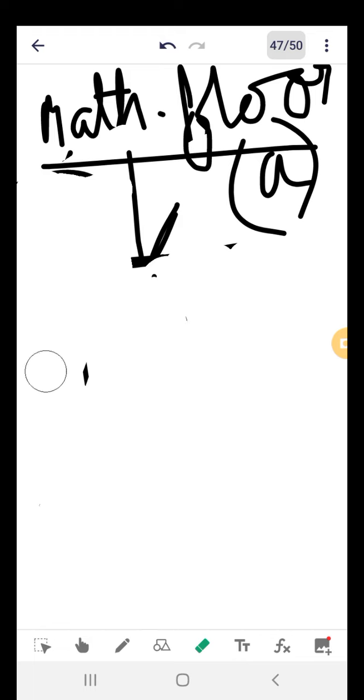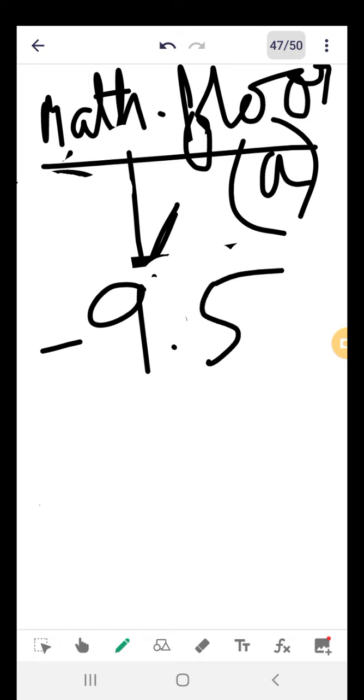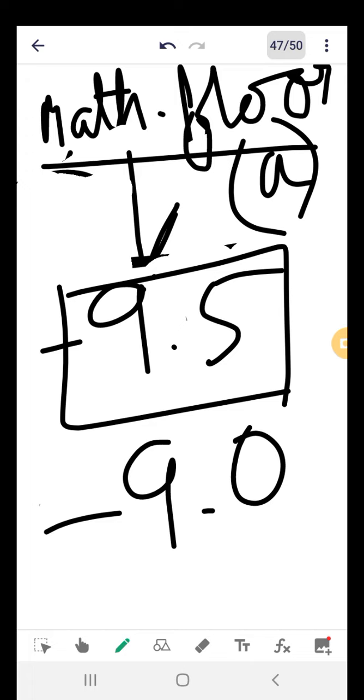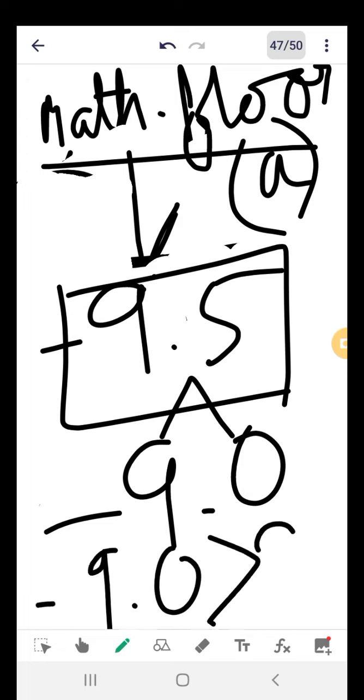This is mat.floor. Now the confusion begins when it is minus. For example, minus 9.5. What will it return? It cannot return minus 9.0, because minus 9.0 is greater than minus 9.5.